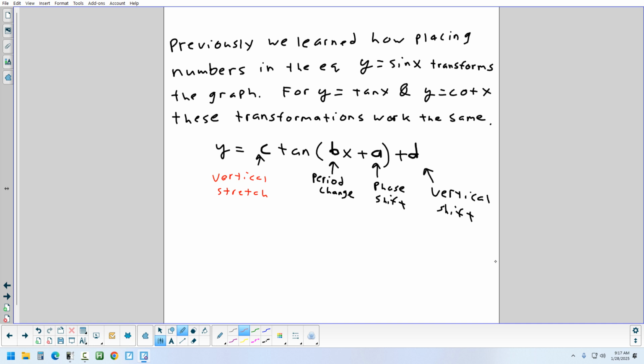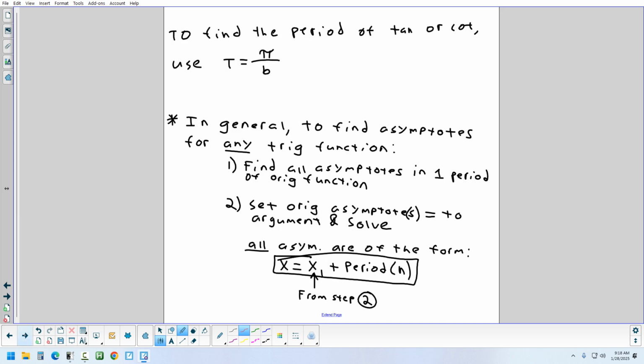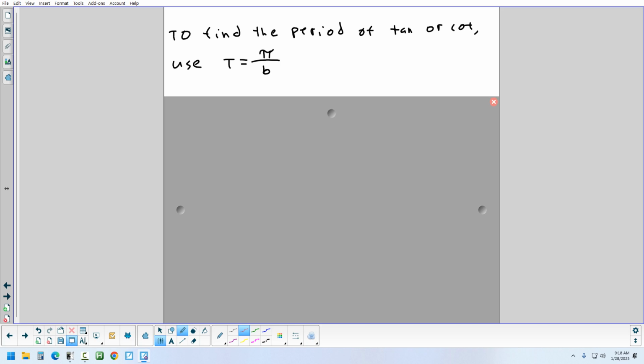It's the original period divided by b. Every trig function that we've studied pretty much is going to have a cycle length of 2 pi. The only ones that don't are tangent and cotangent. So to find the period of tangent or cotangent, the formula is pi over b.